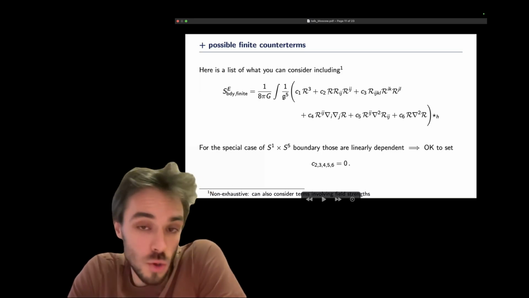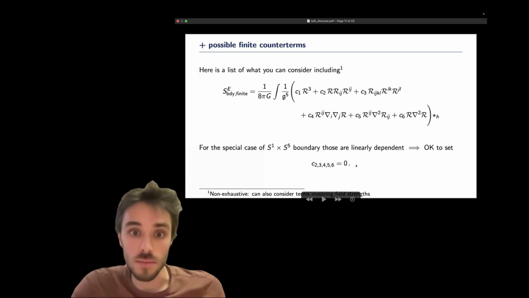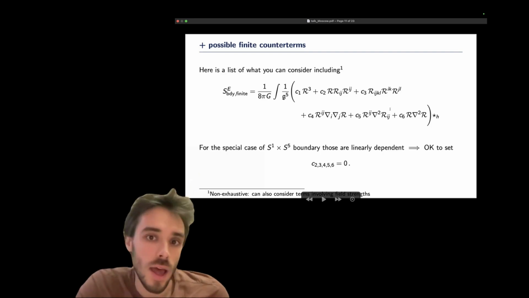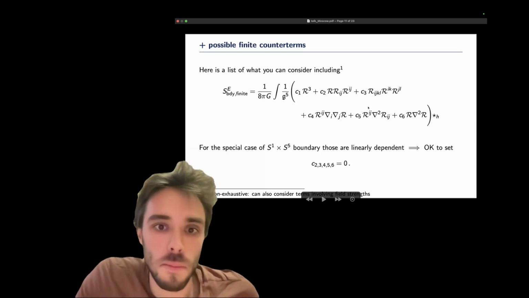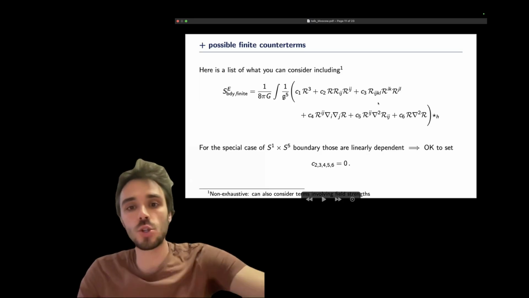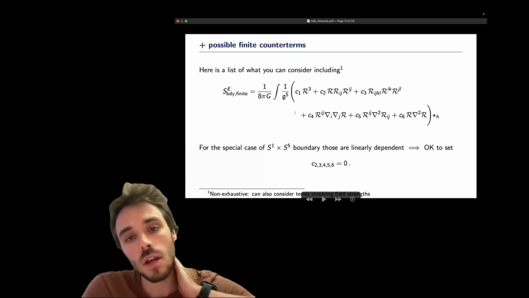This list is non-exhaustive in the sense that I can also imagine writing down terms involving the field strength, introducing even more coefficients, and in principle you can do this, and in more complicated situations you might actually need to. In this case, we didn't.